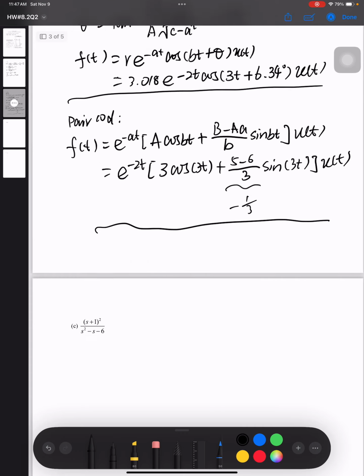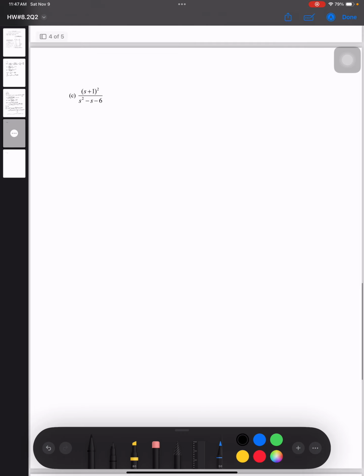And for the next equation, C, similarly, first, let's do some simplification. First, let's just open the full expression.